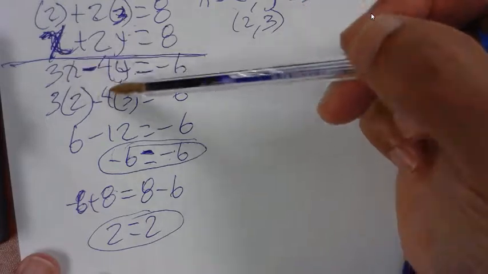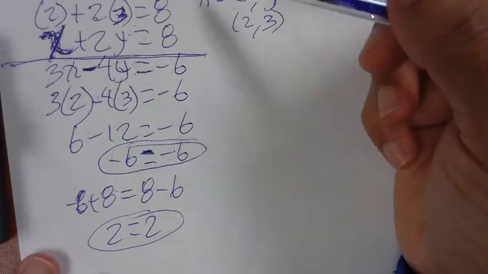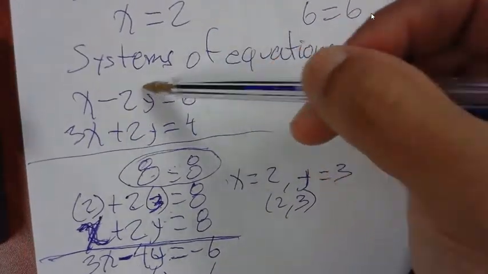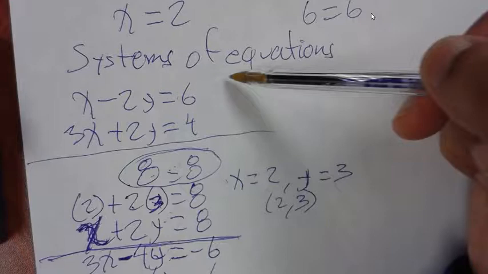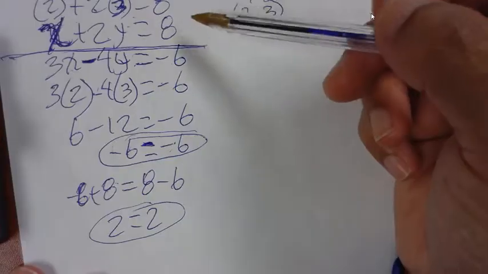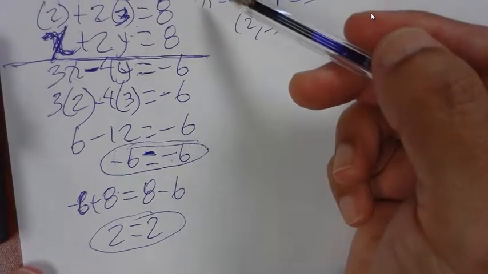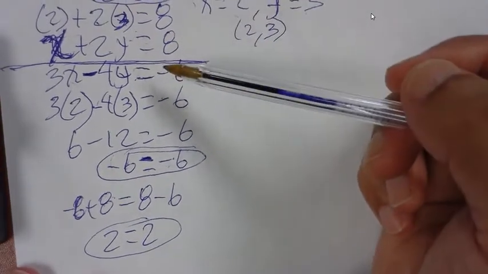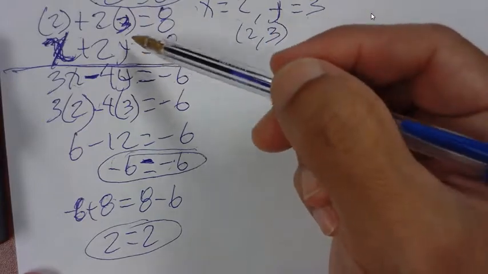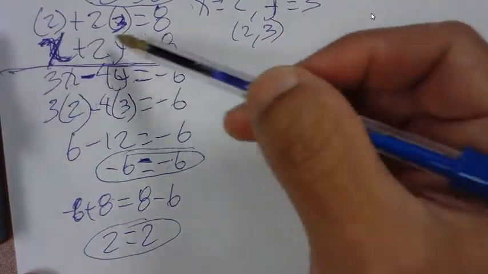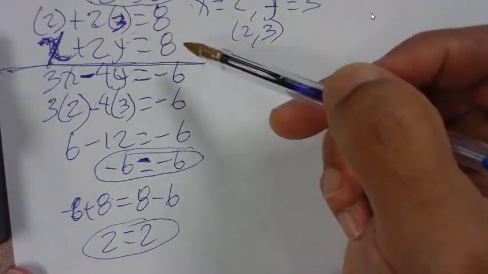We already knew that this was a system of equations. And that's one of the reasons we can mix them up and still be okay.